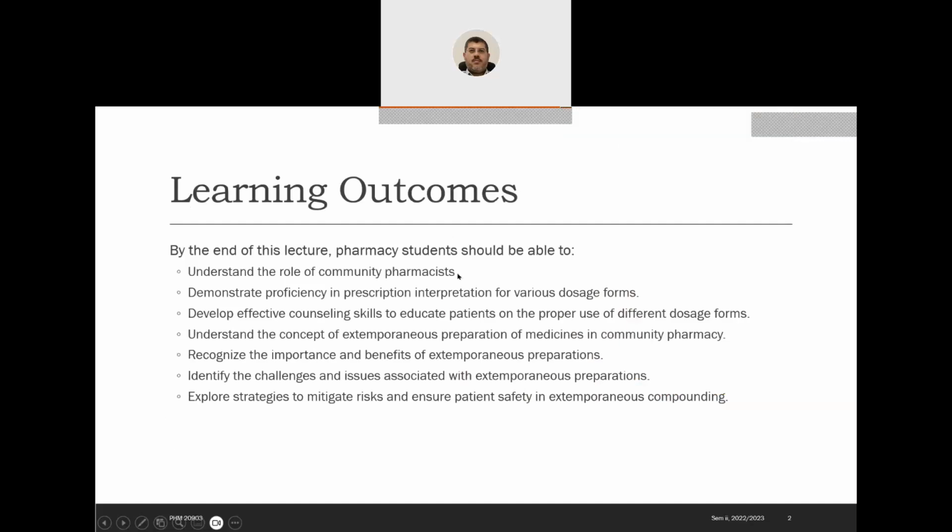The points we will discuss in this lecture, and you are supposed to understand and be able to recognize by the end of the lecture, are about what is community pharmacy, receiving prescriptions, how to interpret the prescription, how to understand the different abbreviations used and what is their meaning.